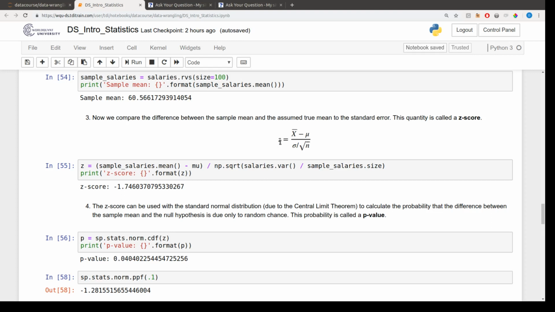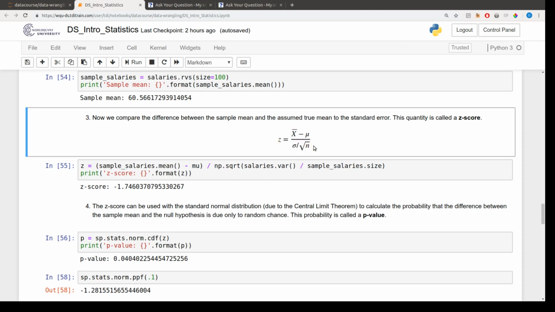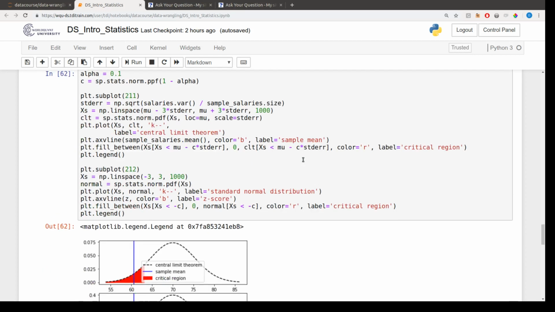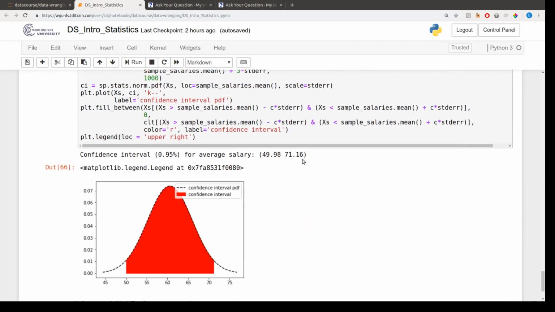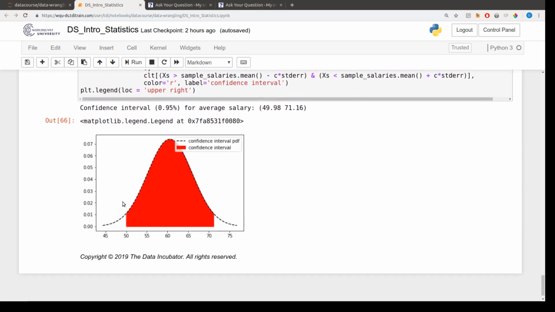So I would take that 1.95, multiply by my standard error, and then add my new assumed true mean, which in this case is actually the sample mean, and that'll give me the upper and lower bound for my confidence interval.